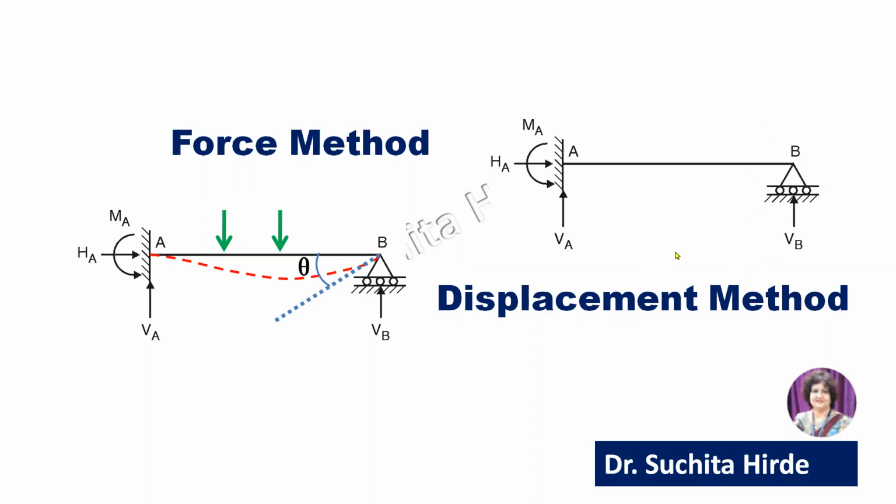So one basic difference between force method and displacement method, though the structure is same in both cases, this is a propped cantilever, same problem. If you are analyzing it by any of the force methods, then redundant reactions are to be considered as primary unknown. And if you are analyzing the same structure by displacement method, then displacements are to be considered as primary unknown, and then only you can calculate other values.